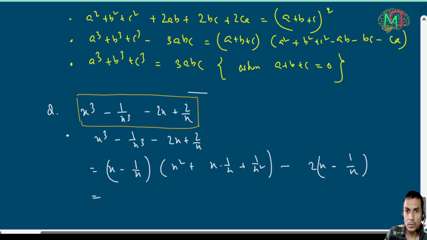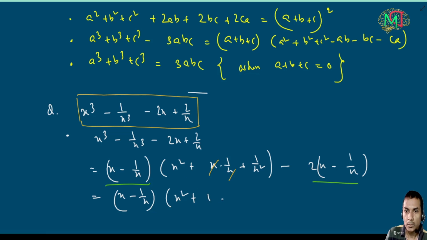So now x minus 1 by x, we can take common, and what remains is x square plus, x and 1 by x cancel out, so it will be 1 plus 1 by x square, and here it remains 2 minus 2. Okay, done.